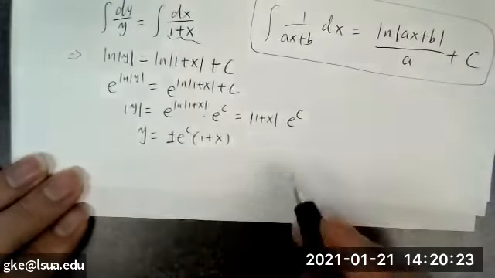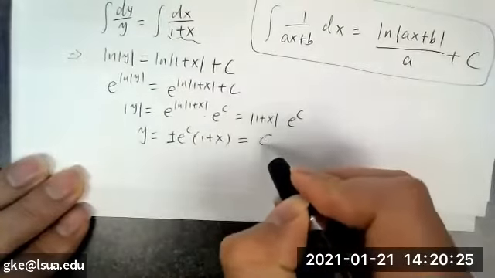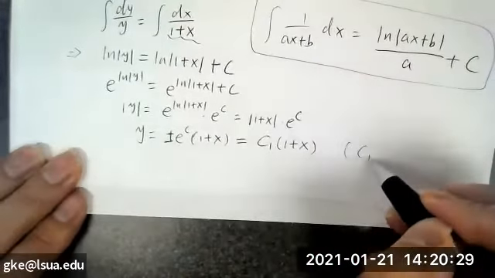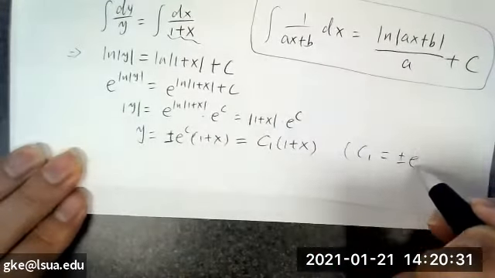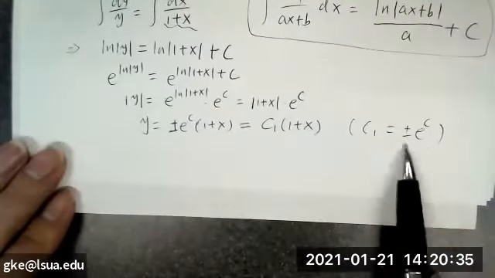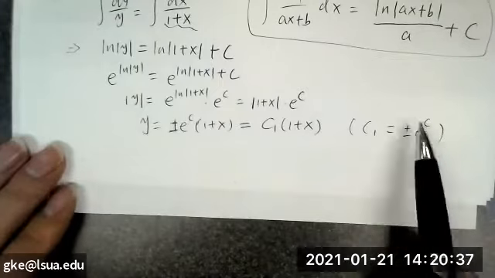Suppose I have two solutions, so we can write down a big 1 plus x. Let C1 equal positive or negative e to the c. Okay, C1 is a new constant, and this new constant equals this guy.